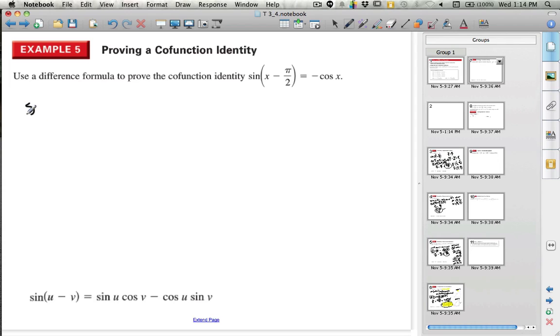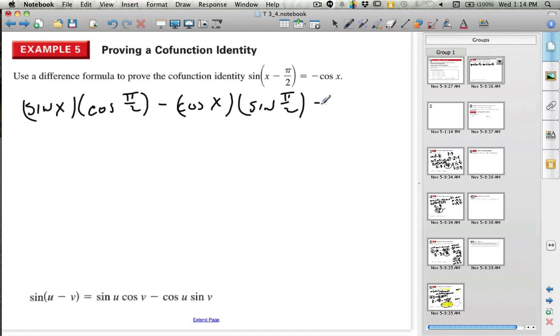So I know I'm going to have the sine of x times the cosine of pi over 2 minus the cosine of x times the sine of pi over 2. And I want to prove that equals the opposite of the cosine of x. So the cosine of pi over 2.